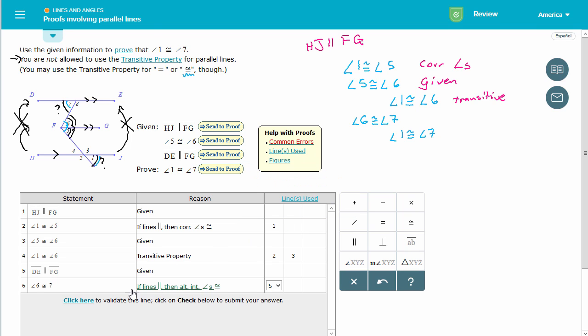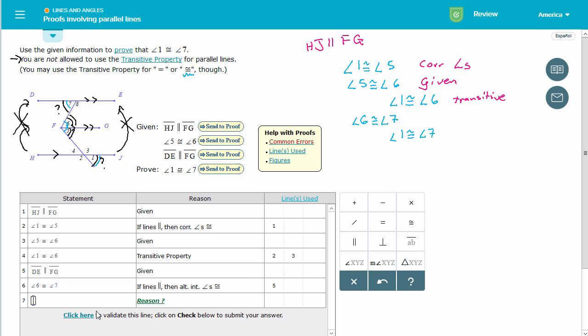Oh, whoops. It says it doesn't understand what I typed in, and the reason for that is I was missing an angle symbol. Okay, much better. And I think we're there now.